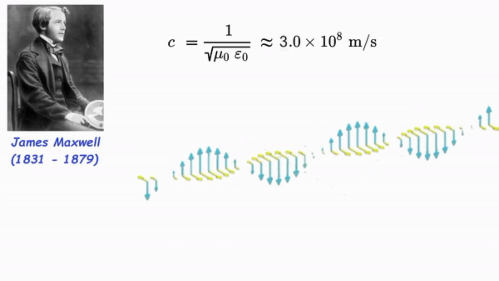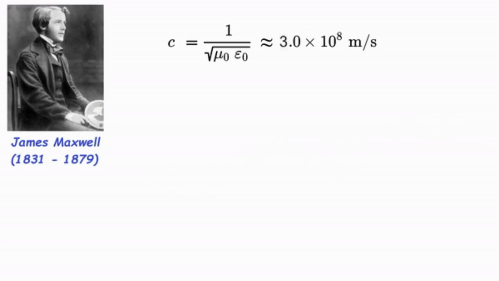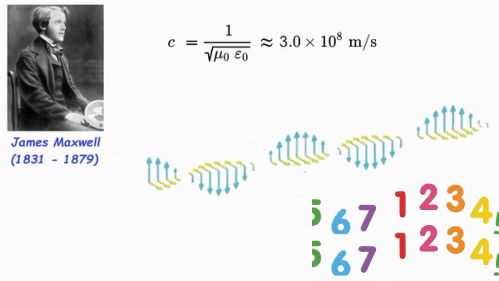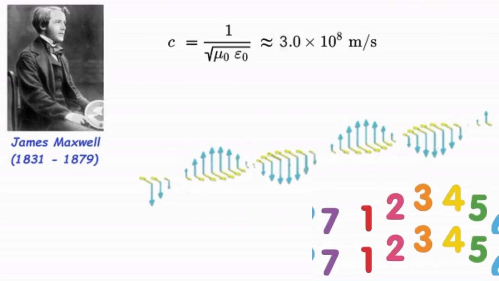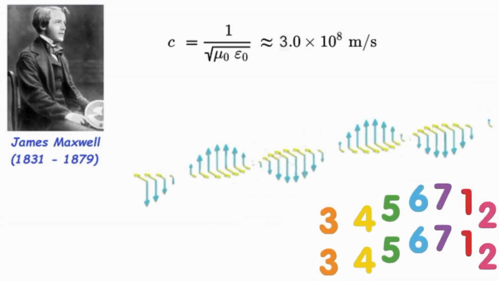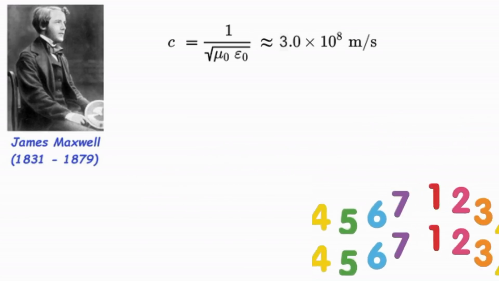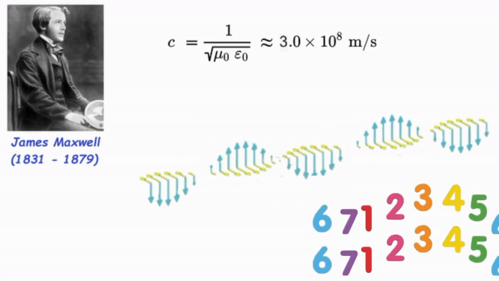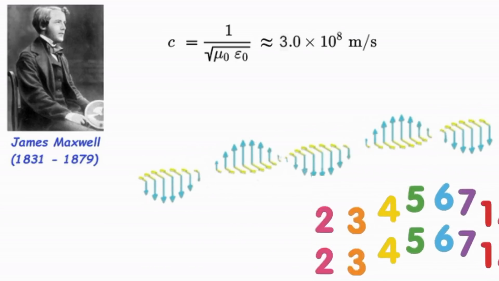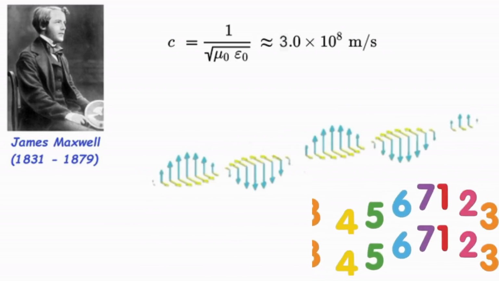Well, what if I were to put something else? What if I were to put, for example, here, how's this? Here's a wave of numbers. How do you like that? Is that a physical object? Can we say, oh, that's a wave of numbers? Is that a physical object for the purposes of physics? Can we use this and say, oh, light is a wave of numbers? Or how about this one?